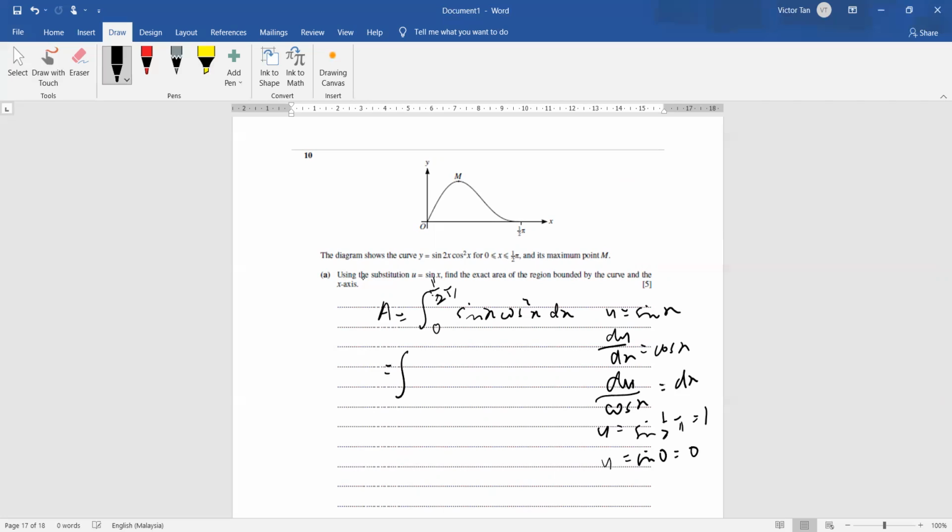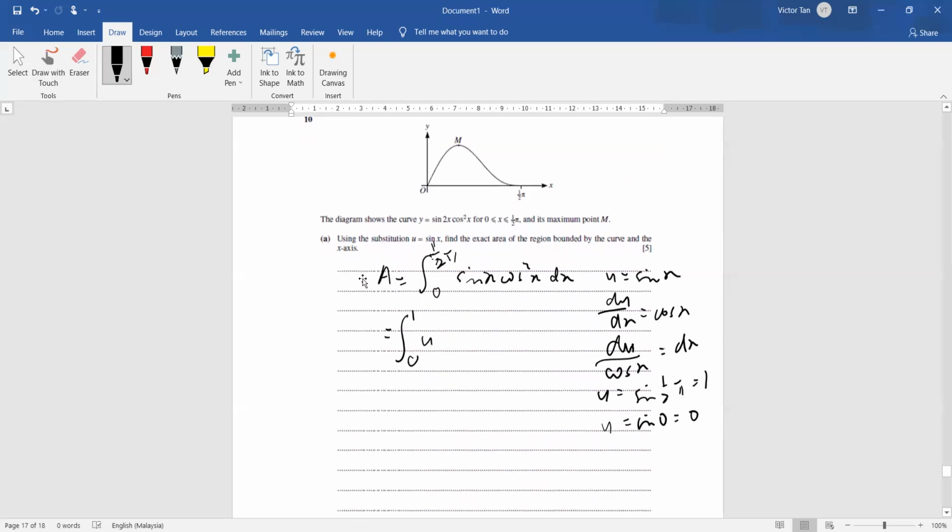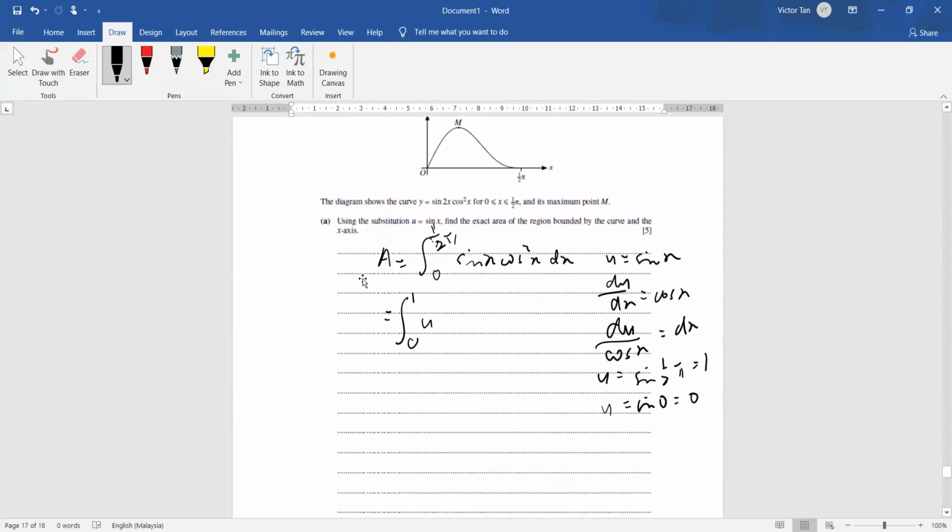So you have the integral from 0 to 1 of u. Oh, this is sine 2x, sorry.